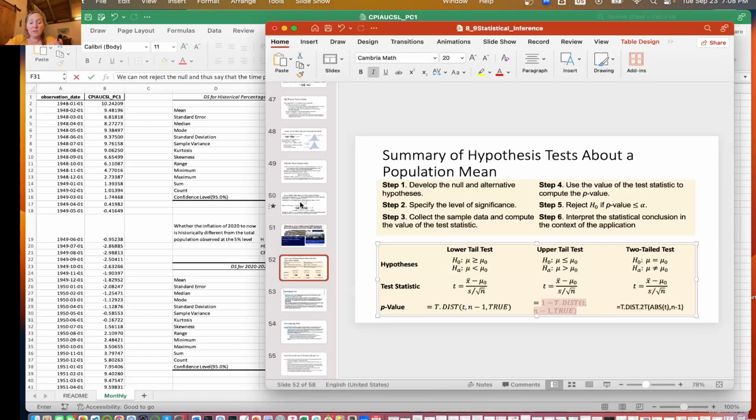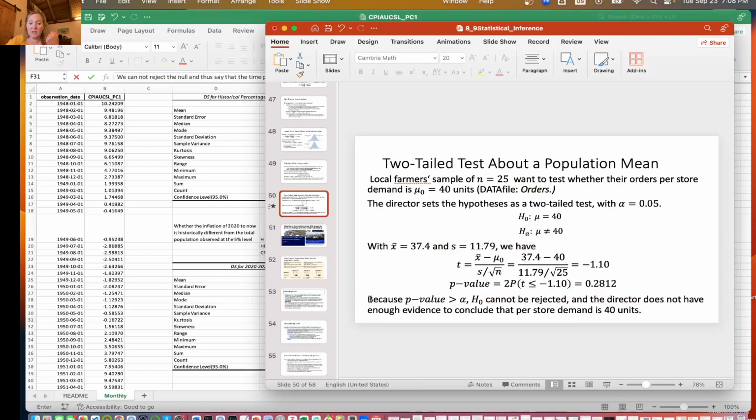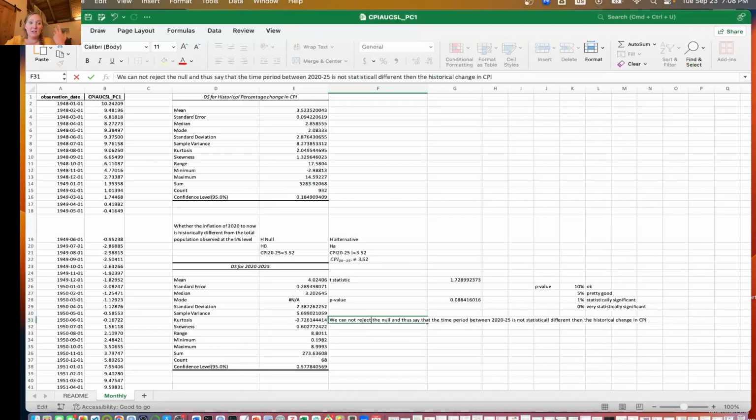Now, when you're doing your test, you can see this right here. This one says that the p-value is greater than the statistical significance, so you can't reject the null hypothesis, and the director does not have enough evidence to conclude that the store is more than 40 units. And in the same sense, we can't do that here, right?